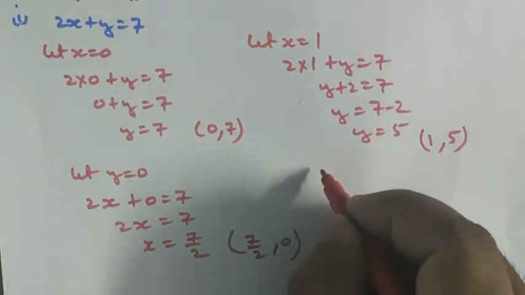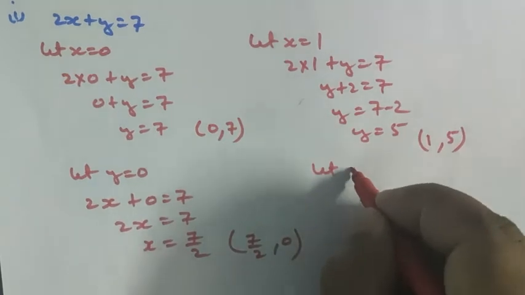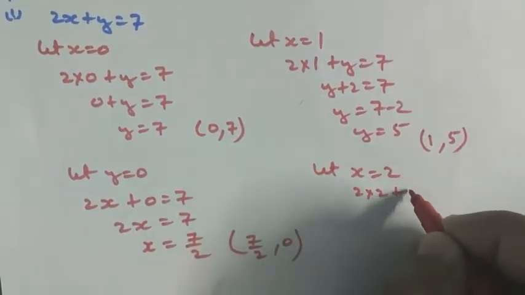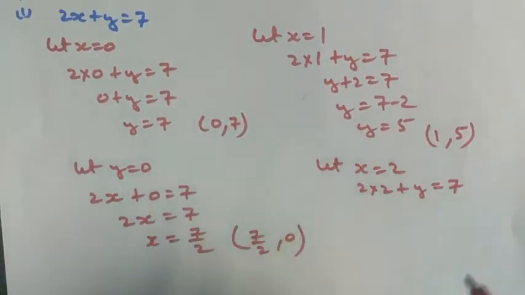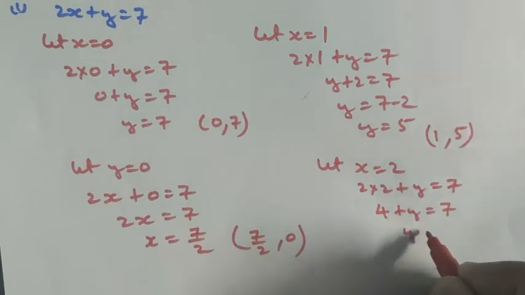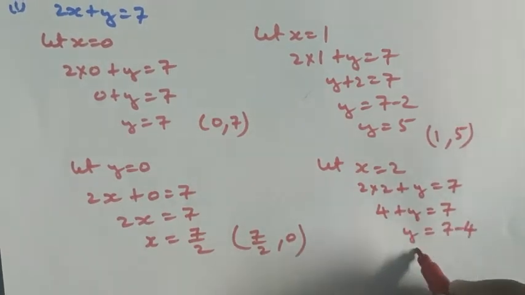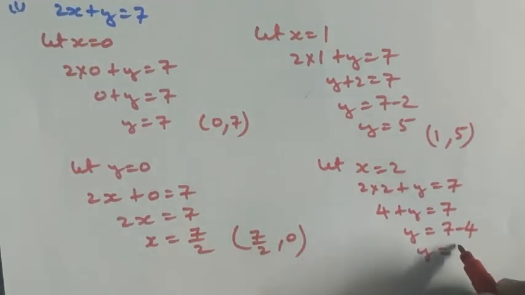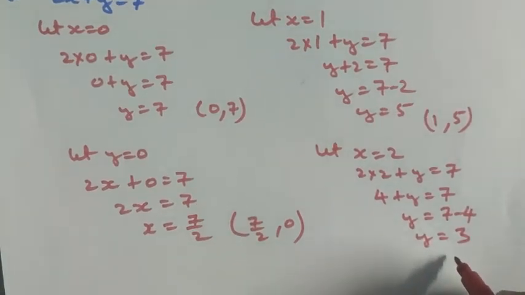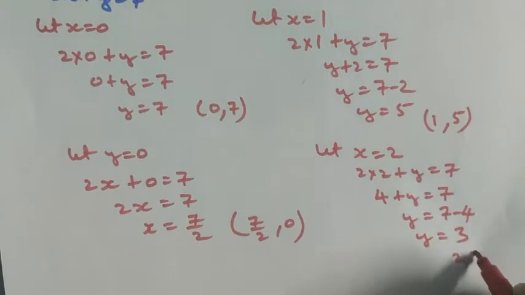Similarly, next, let x equals 2, then 2 into 2 plus y equals 7, then 4 plus y equals 7, y equals 7 minus 4, y equals 3. So the solution pair will be x equals 2, y equals 3.